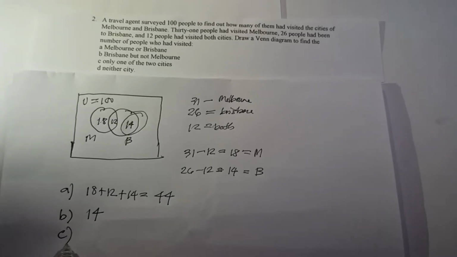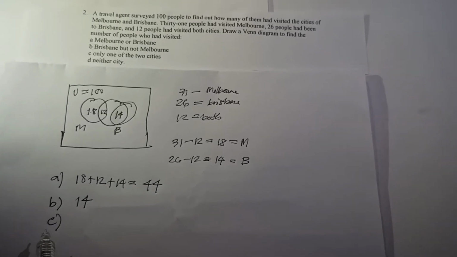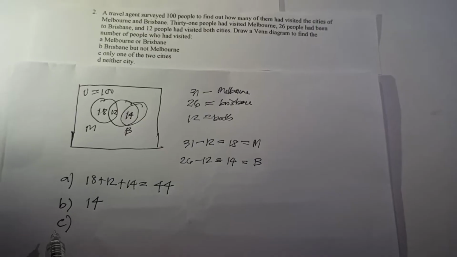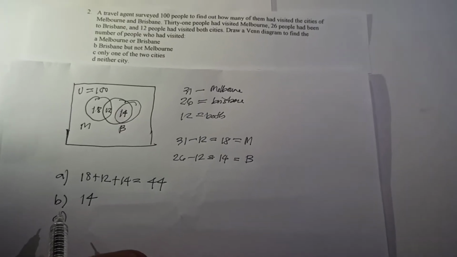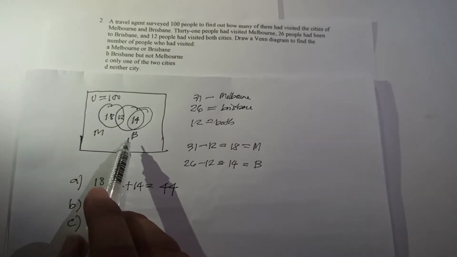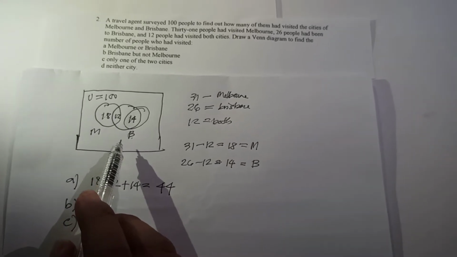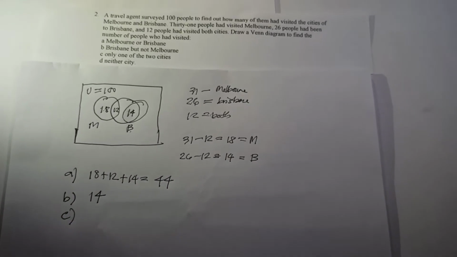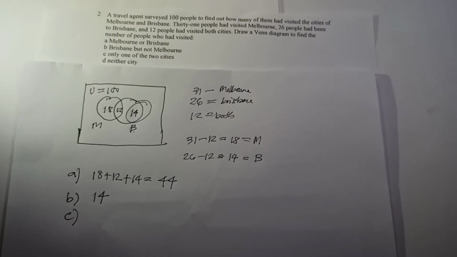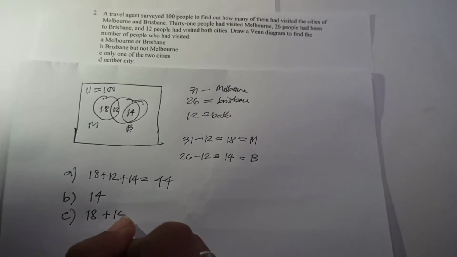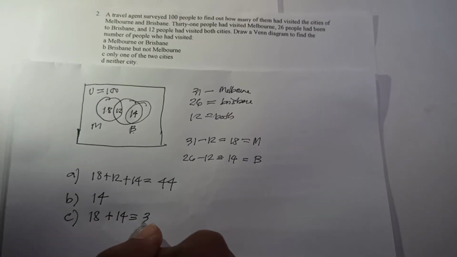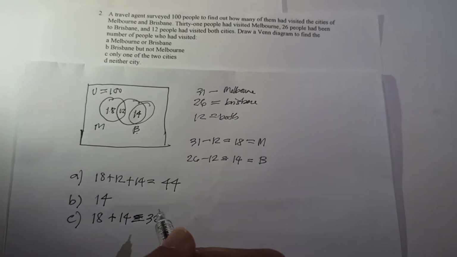And for letter C, only one of the two cities, we need to include only Melbourne and only Brisbane, and not include those who had visited both cities. Therefore, 18 plus 14 is equal to 32.